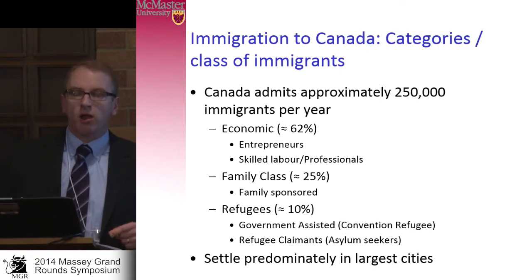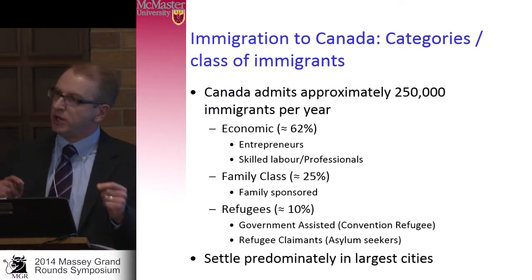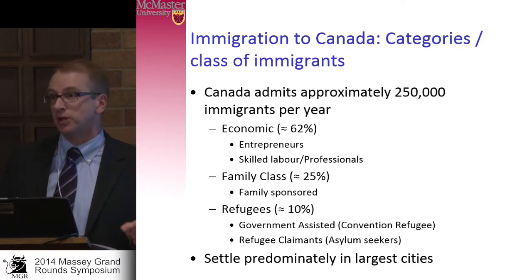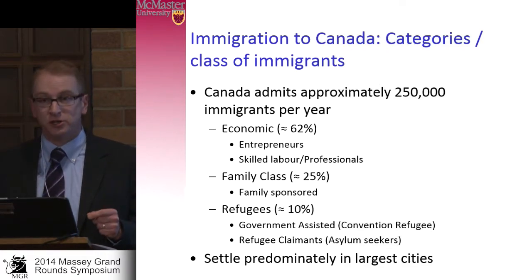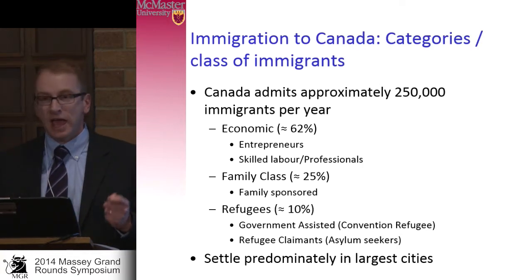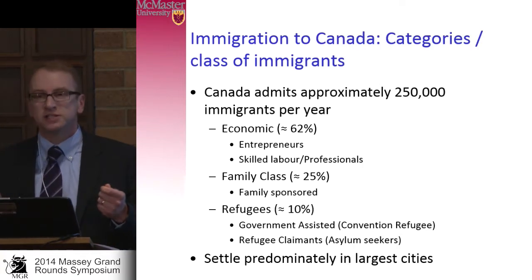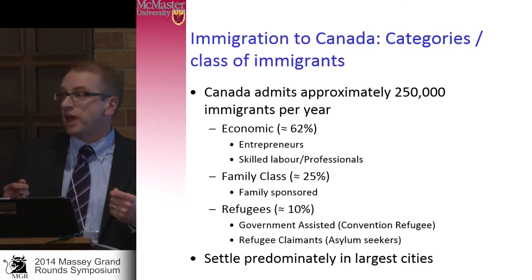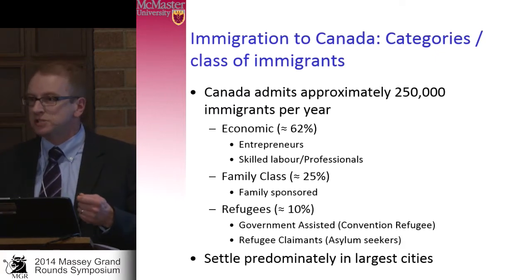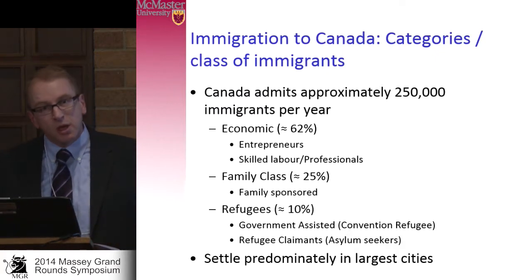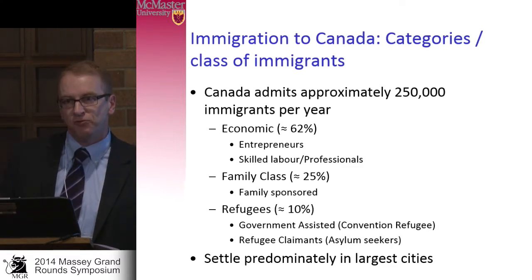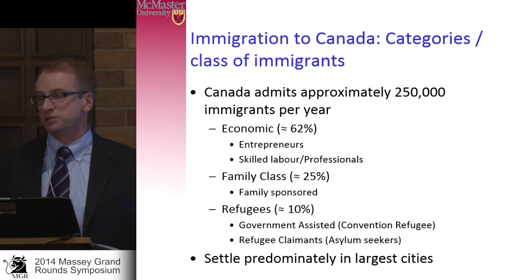But federal policy has changed over the past few years so that there is an intent to redirect immigrants away from these three largest cities and into smaller centers. So places like Thunder Bay or Sudbury, Hamilton, Kingston, and so on are seeing increasing numbers, and they've all developed policies that are meant to retain those new immigrant arrivals. Part of it is driven by economic necessity, bringing people in that will fill roles within the labor force.